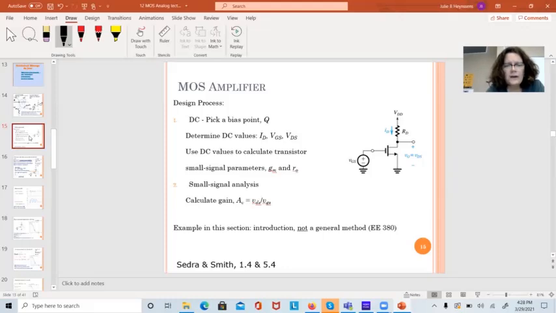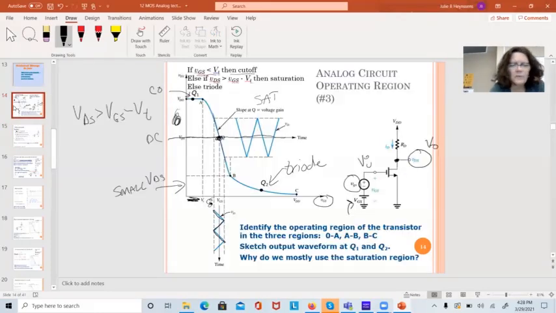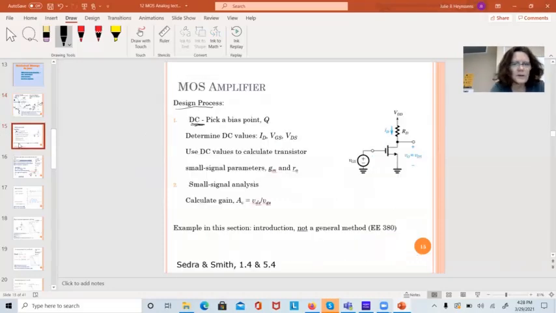So the first thing I do when I'm designing this, I pick a DC bias point. I'm going to just pick the operating point in the middle of the saturation region so I can get the maximum signal swing out of that. There's a few other places you might want to pick that.